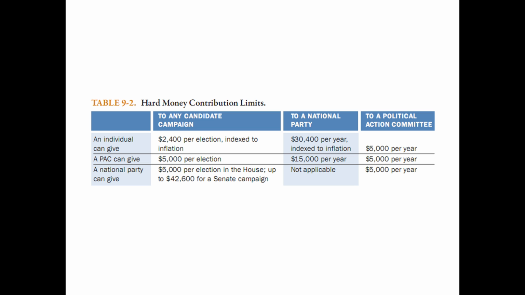So Trump's campaign in this recent election, just for an example, maybe didn't have as much of a field operation going on their own, but the Republican Party had a pretty extensive one in many states there to pick up the slack for them. And then finally, individuals can give $5,000 to each political action committee. So only $5,000 to any particular one, but they can donate to multiple ones if they really want to spread their wealth around.